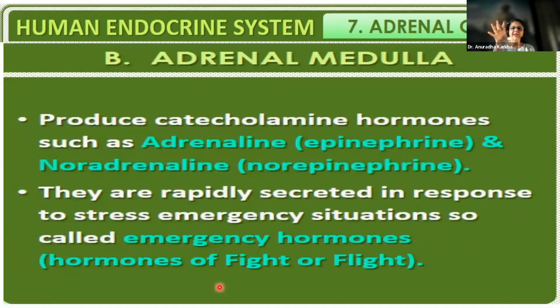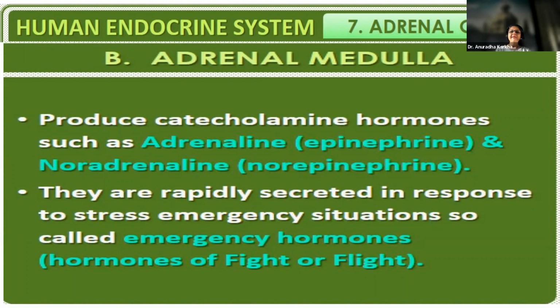Then we come to the adrenal medulla. Seventh will be adrenal medulla. Now this is a part of your digestion again. So see, it produces catecholamine hormones such as adrenaline and noradrenaline. Epinephrine and norepinephrine are the synonyms of both of them.